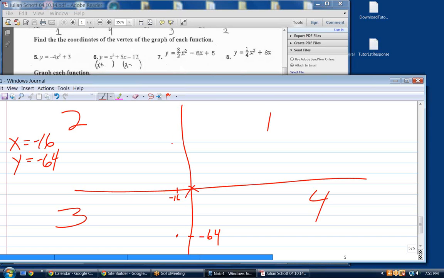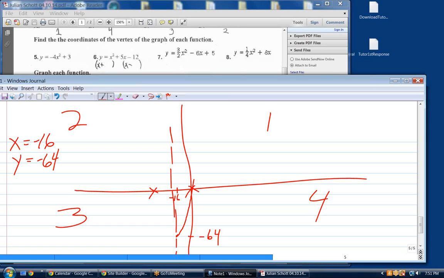Let me draw my dotted line to represent the line of symmetry going through minus 16. And this part of the parabola is going to go right through there. So where does this point fall? Positive 8? Does it look like it's positive 8?